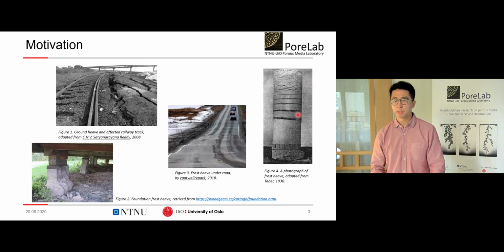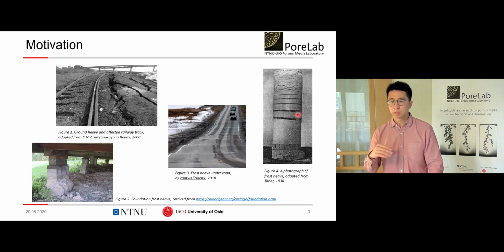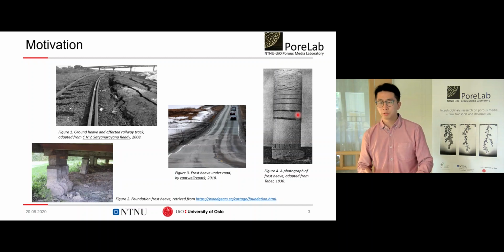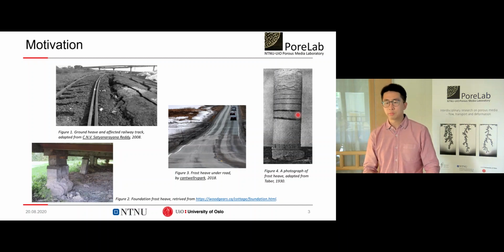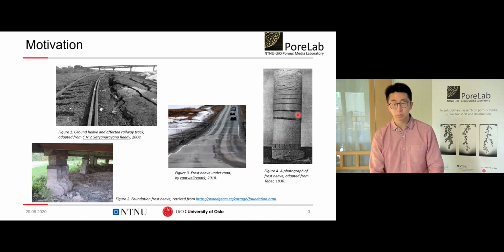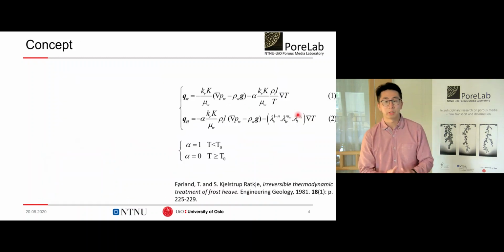Frost heave is defined as the upward movement of the ground surface due to ice-lens formation. And we already know that the volume expansion of phase change is not the main reason of frost heave, but ice-lens. So now let's move on to the concept of our model.